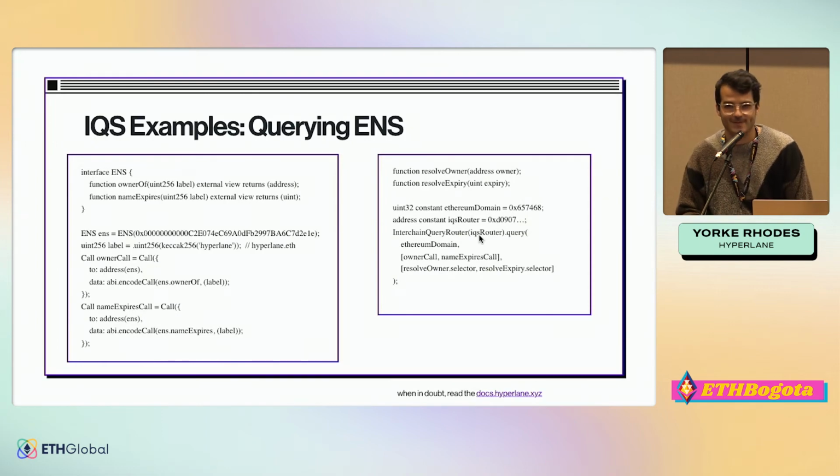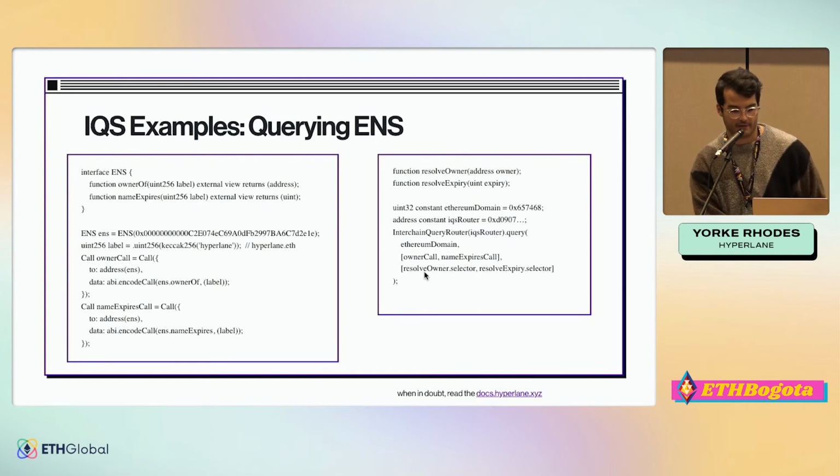But if you wanted to query the owner and the expiry of that domain, you just ABI encode calls to the ENS registry on Ethereum, and then you use the Interchain Queries API to query that in an asynchronous way.